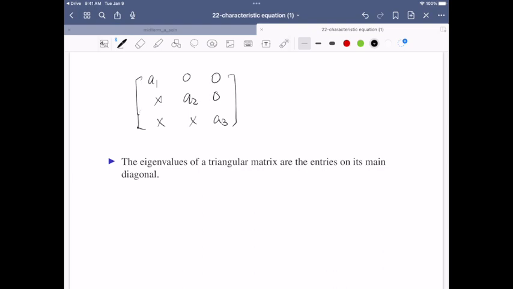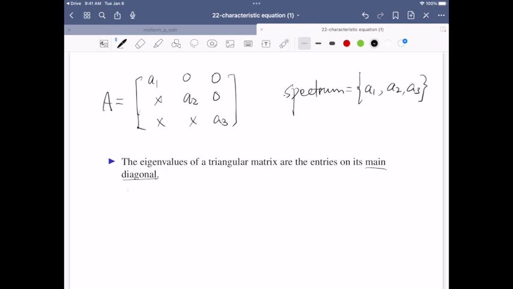In this case, if the matrix is given by lower triangular, then the spectrum of A is just A1, A2, A3, those main diagonal entries.